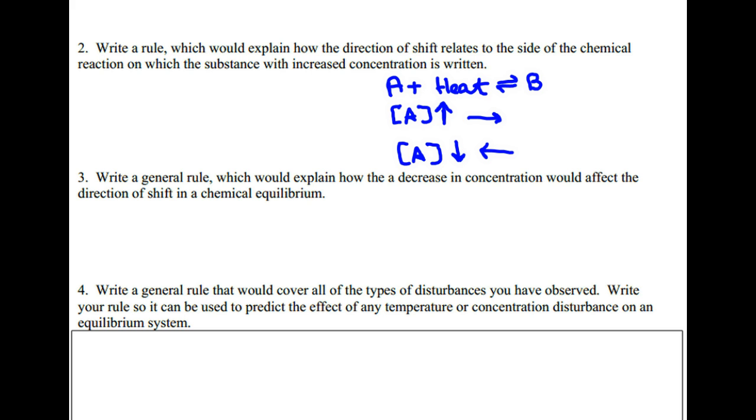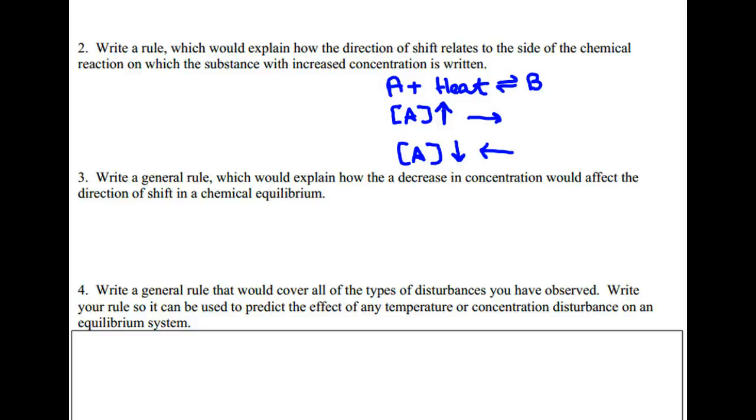For number 2, it's basically asking the same question, but instead of worrying about the heat, we're worried about the chemical on the side with the heat. So in this case, if we're thinking about A, it would be much the same: if you raised the amount, the equation would be tilted to the left, and to achieve equilibrium, it would want to tilt back to the right, or send the reaction to the right.